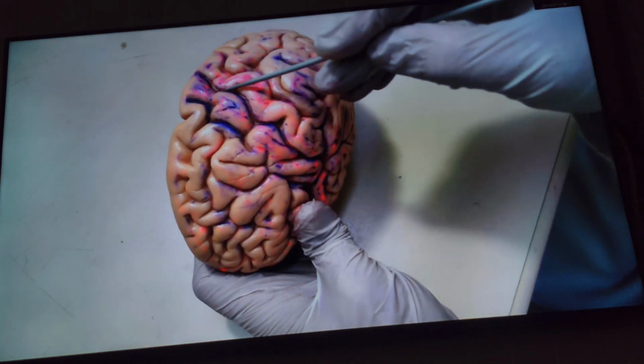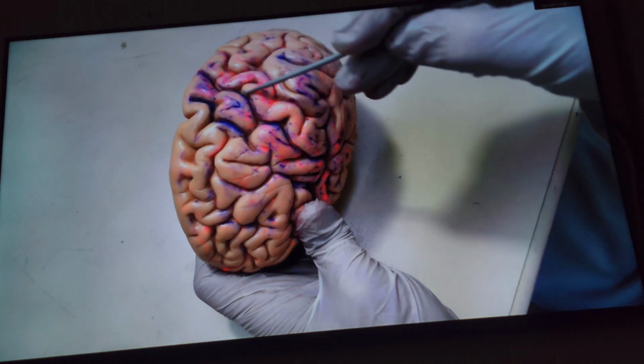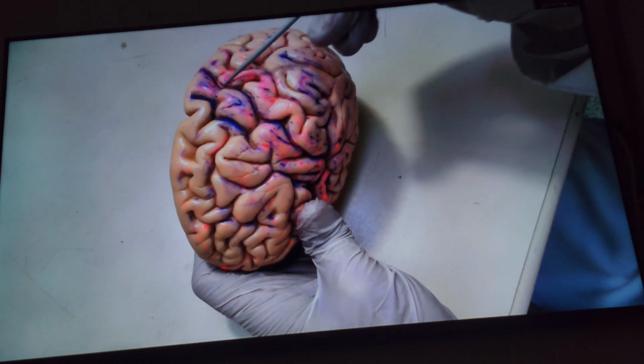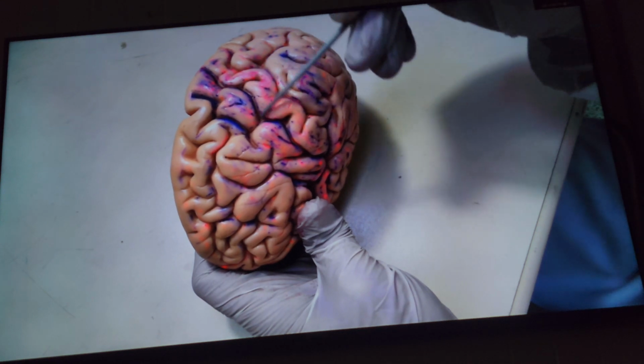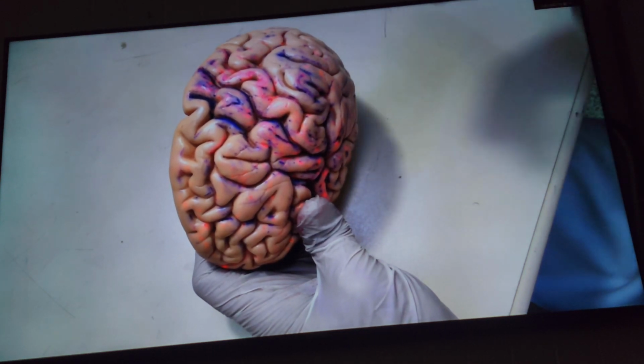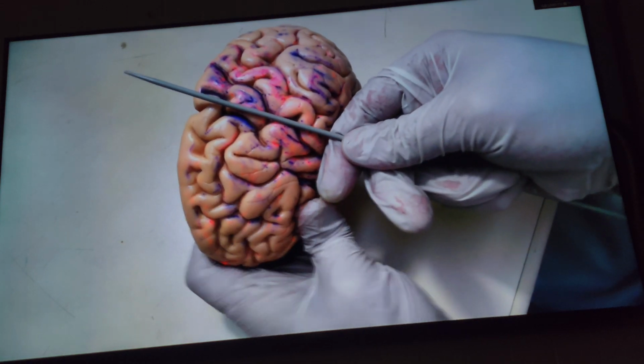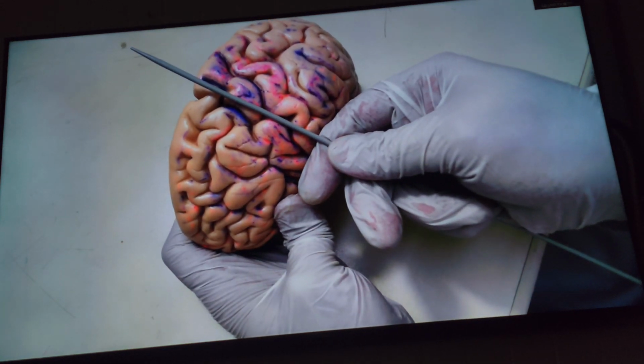And third point, the central sulcus has two bends along its course and also forms an angle of about 70 degrees with the vertical plane.